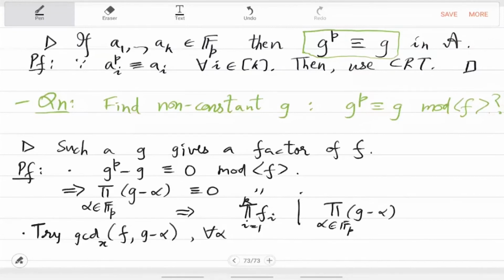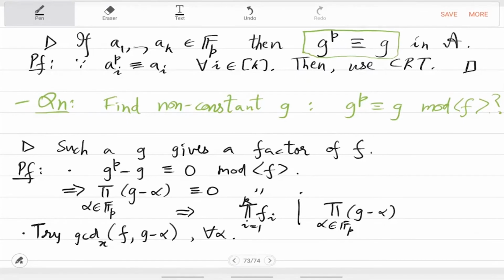And if none of these factor f, then it means that in some of the GCDs you are just getting 1 and in some other GCDs you are just getting f, right? You don't get anything between 1 and f. So the time when you get f, it means that f divides that g minus alpha.